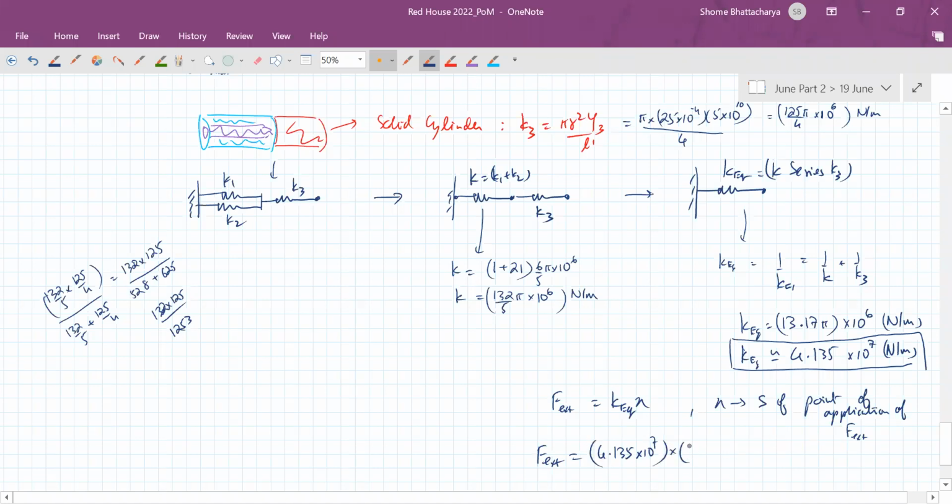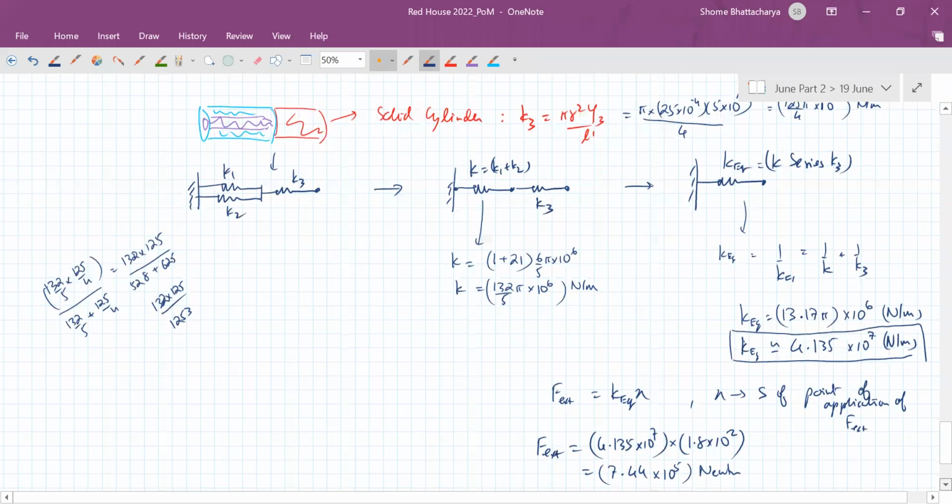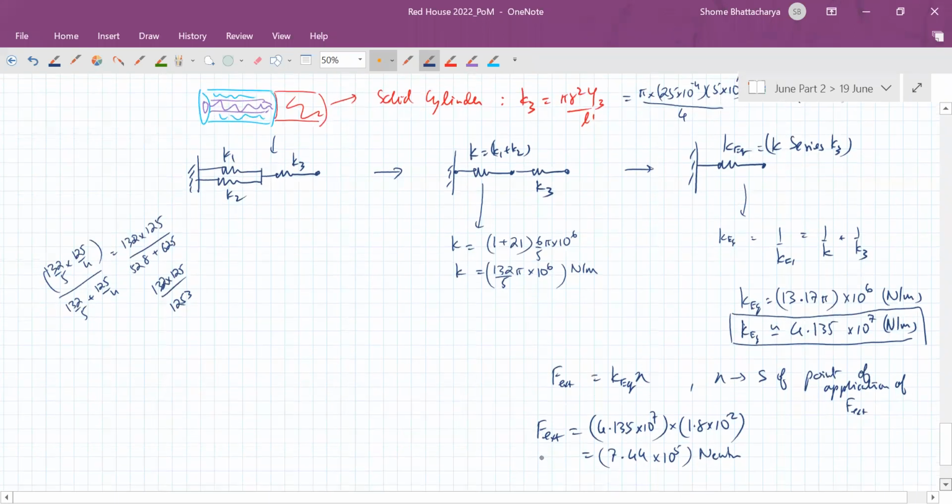Wanted a displacement of 1.8 centimeters. This is the amount of external force. Okay.